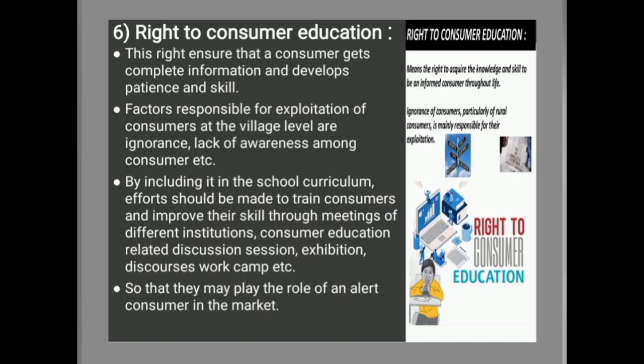Factors responsible for exploitation of consumers at the village level are ignorance, lack of awareness among consumers, etc. By including it in the school curriculum, efforts should be made to train consumers and improve their skill through meetings of different institutions, consumer education related discussion sessions, exhibitions, work camps, etc., so that they may play the role of an alert consumer in the market. Consumer education is helpful in this.